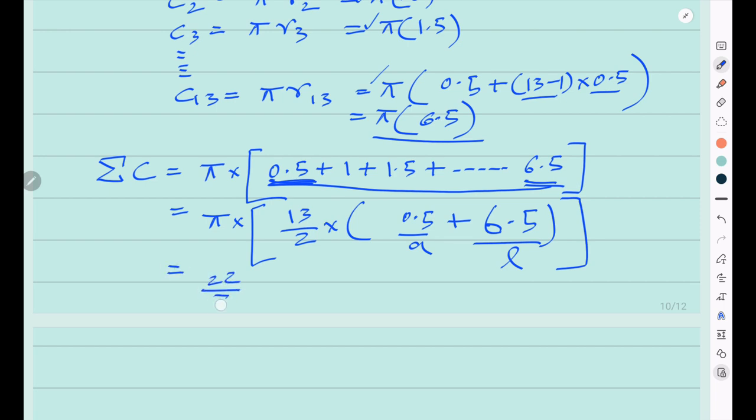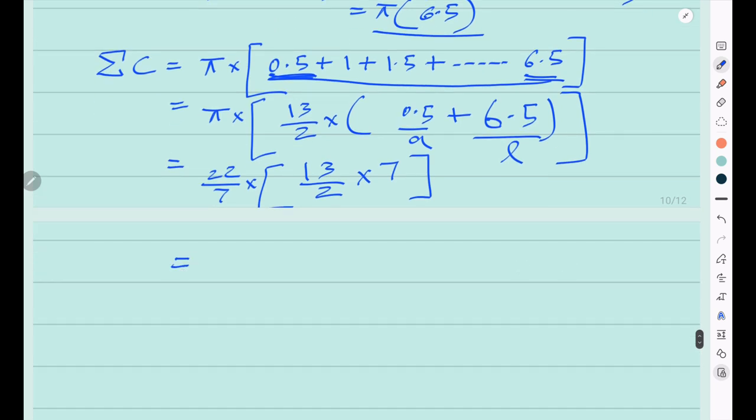So pi is 22 divided by 7, and 13 divided by 2 into 7, isn't it? So this will cut itself, and here 11 times, so 13 into 11, the total length of the spiral will be 143 centimeter.